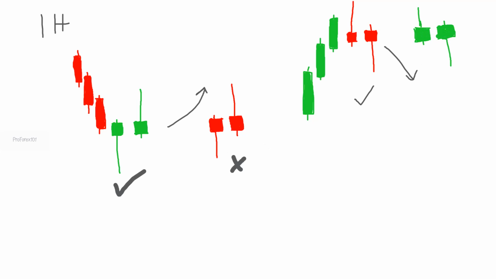So they would be invalid, guys. Okay, and this is a valid signal. So you see the difference, guys. There are very small subtle differences in color, and depending on where the candlestick is, they mean different things.